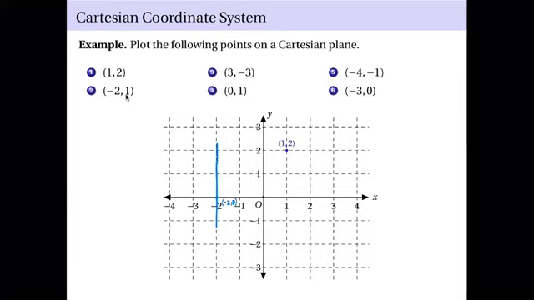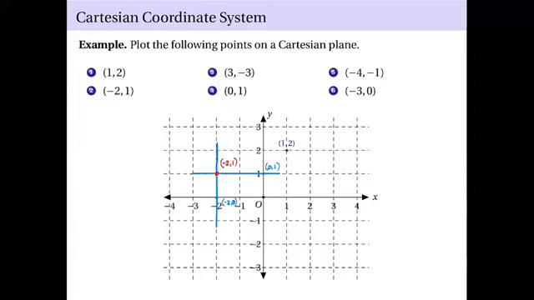And then we need a y equals 1 here. So this is your y equals 1. We draw a horizontal line passing through that point. So we label it 0, 1. And the point of intersection, which is this, okay? This is your point -2, 1.